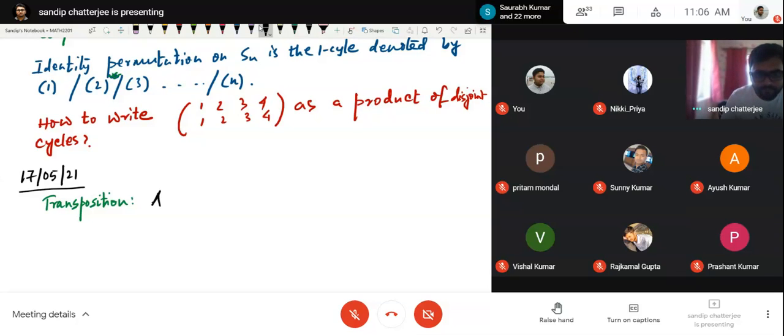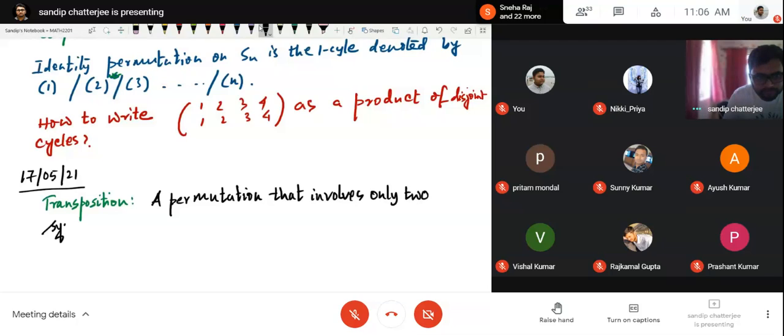A permutation that involves only two symbols is known as a transposition.